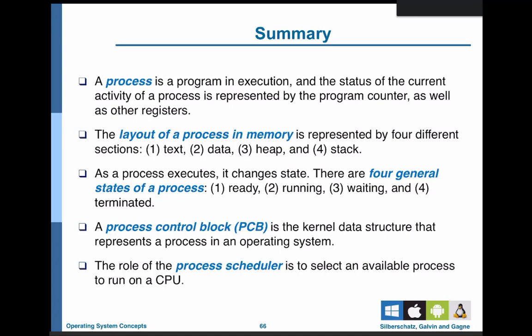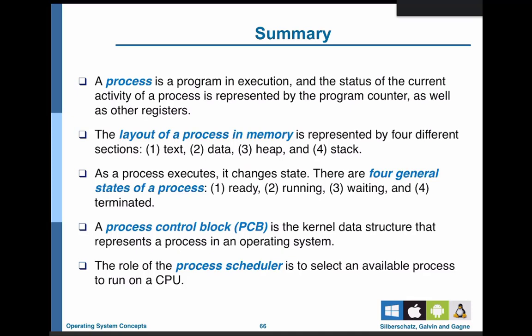The layout of a process in memory is represented by four different sections: the text section for the program, the data section for global variables, and the heap and stack sections for dynamically allocated memory and temporary data.